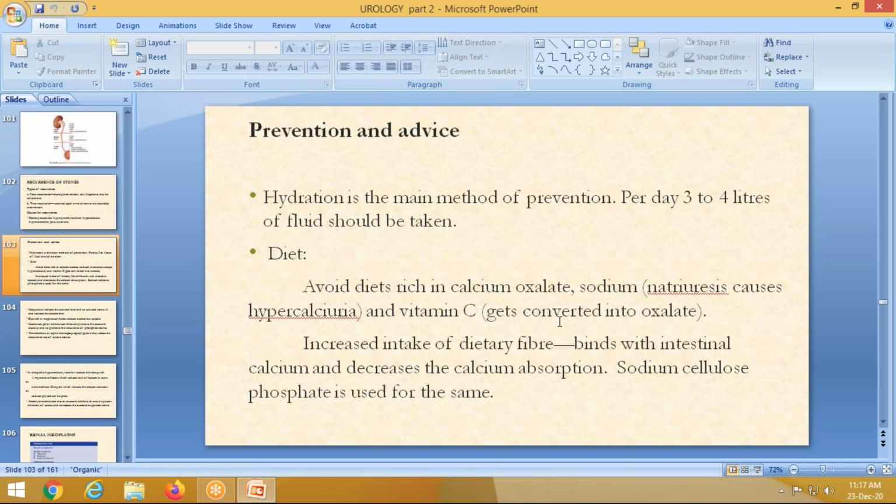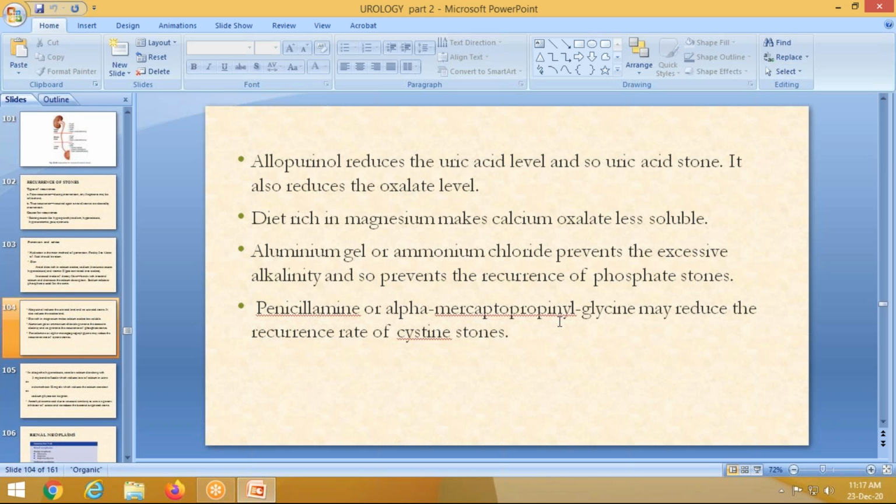And sodium cellulose phosphate is used to reduce calcium stone formation. In certain uric acid stones, you can give allopurinol to reduce the uric acid level so that uric acid stones may be reduced.